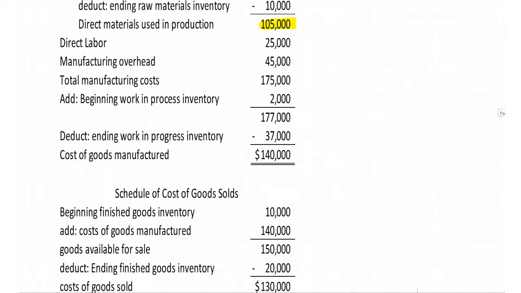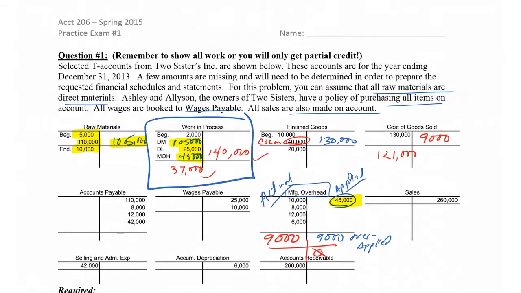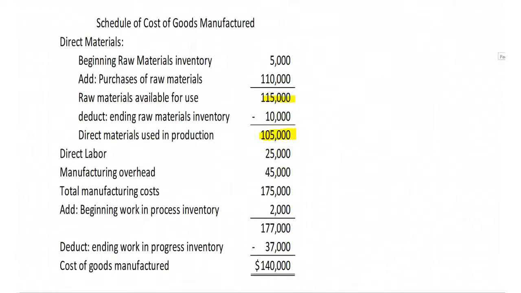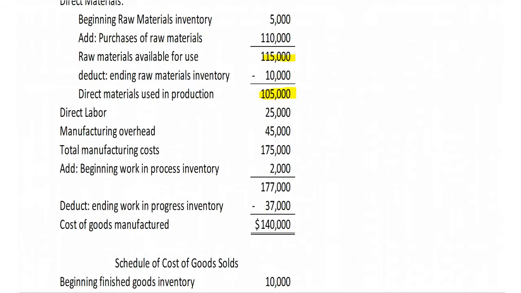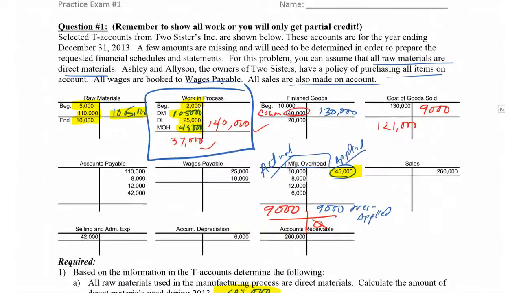We add to that beginning work in process, the 2,000 of beginning WIP. We add that together, and that gives us 177,000 available. We subtract the ending WIP of 37, and that gives us cost of goods manufactured of 140.